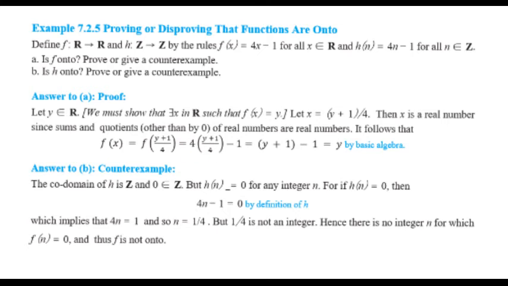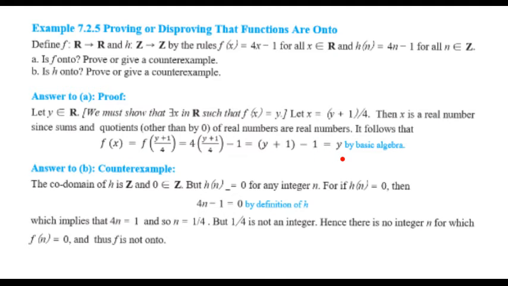You can say 4 times (y plus 1) divided by 4, minus 1. That's what we have from the definition of f. And if you simplify this using basic algebra, you'll get y plus 1 minus 1, which is equal to y.